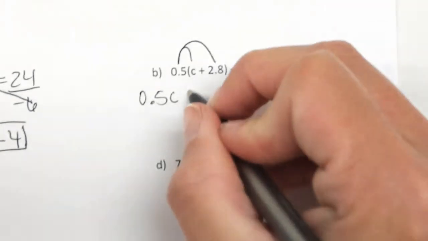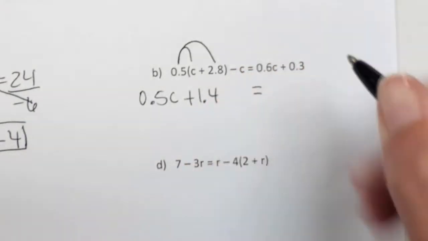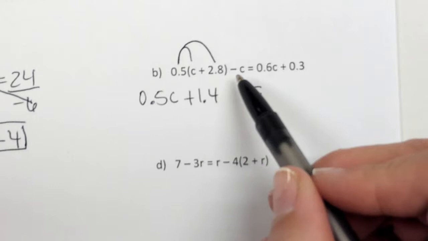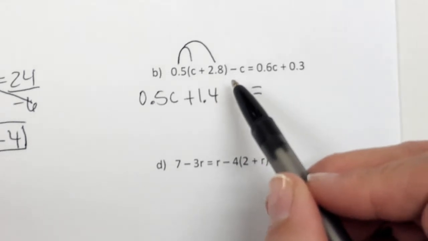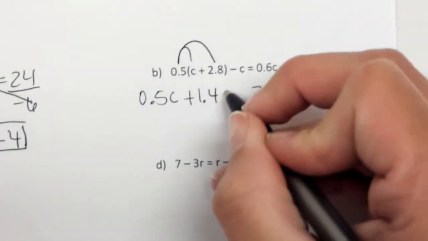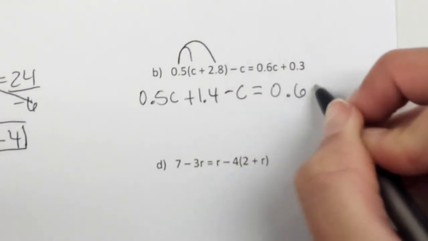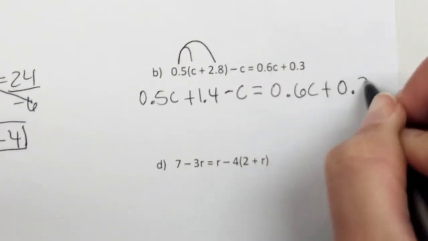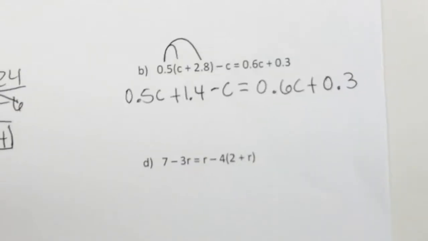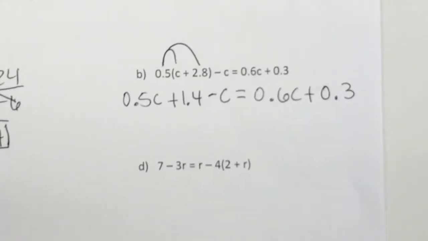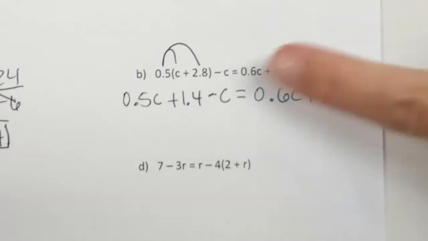Alright, so plus 1.4. Do we have to multiply this 0.5 by the c? Why? Very good. So we just put what? Minus c. On this side, I'm going to leave it the same for now. Alright, so we eliminated the grouping symbol. Now we have to take care of like terms on each side of the equal sign. So I'm going to cover up this side.